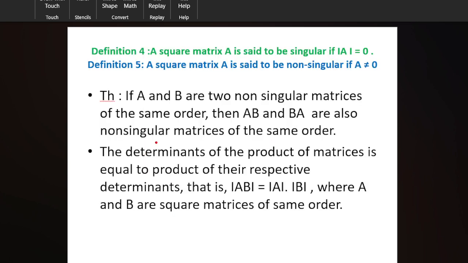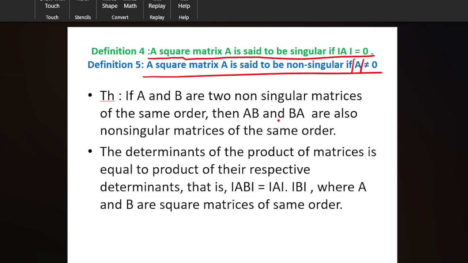Now, the definition of a singular matrix. A square matrix A is said to be singular if the determinant of A is 0, and it is non-singular if the determinant of A is not equal to 0. Now here, A and B are two non-singular matrices of the same order.